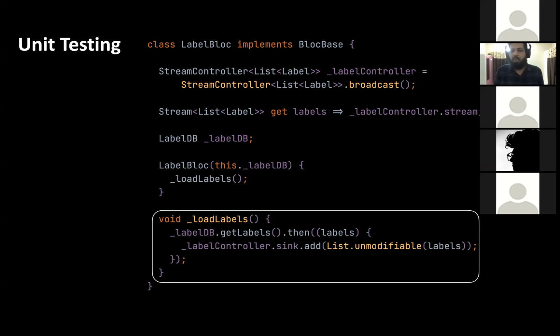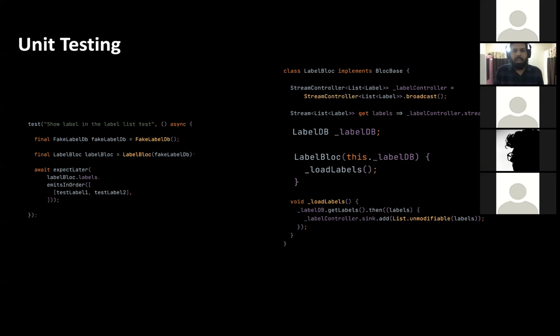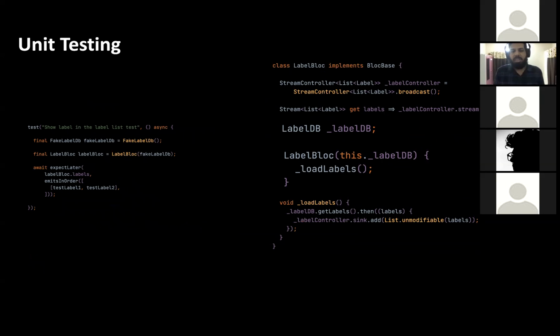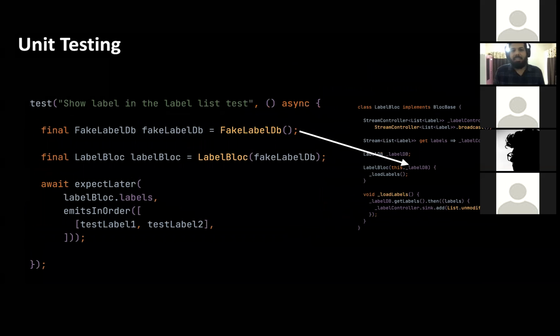Here, since we don't have any access to the DB, which is part of the Flutter framework, we are going to use a fake. So I'm creating a class FakeLabelDB, and since I'm injecting that class into the label block, I can inject that same fake DB here instead of a real DB.